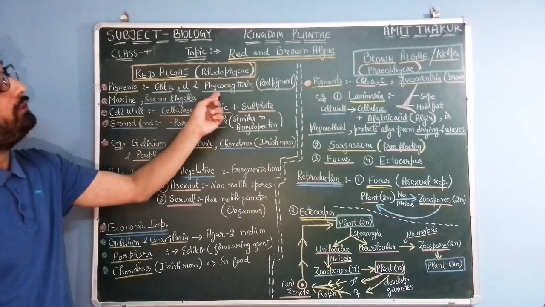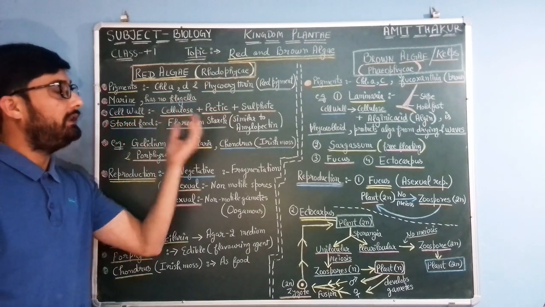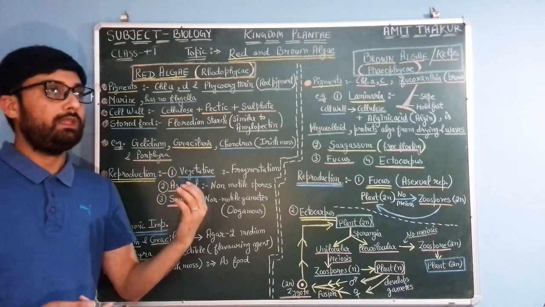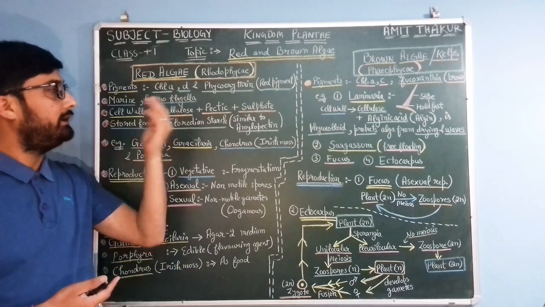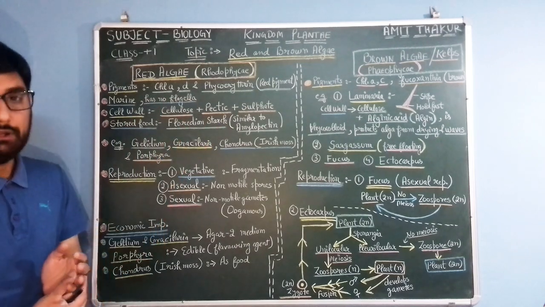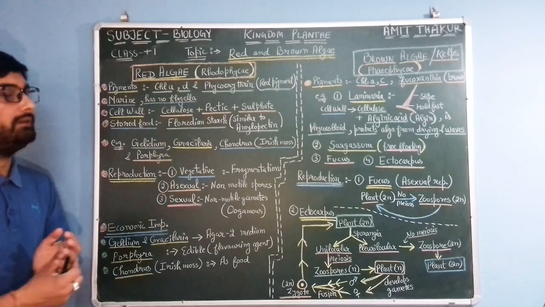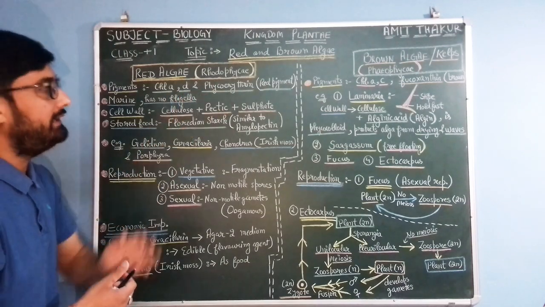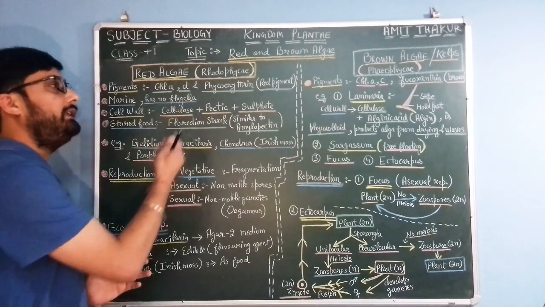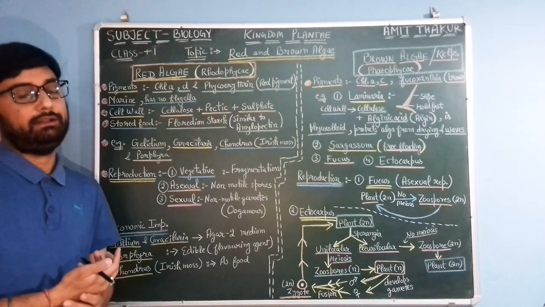Because of more phycoerythrin, they absorb the wavelength of green and blue color. They absorb blue and green wavelengths due to having more phycoerythrin, and that's why they appear red in color.